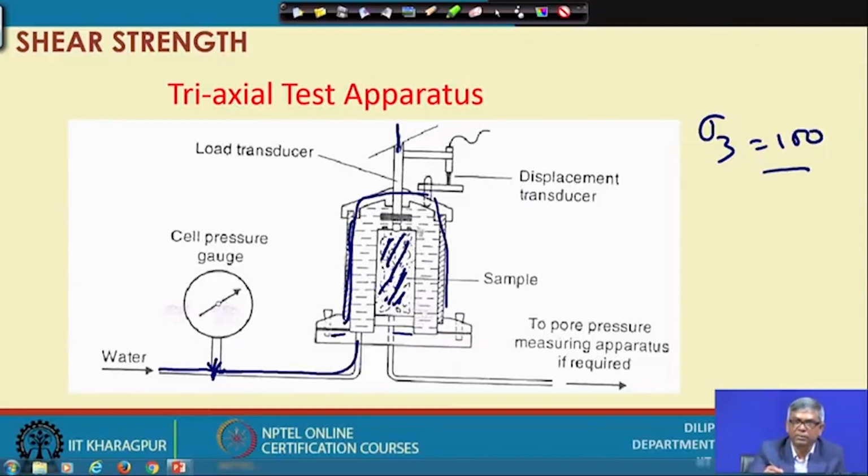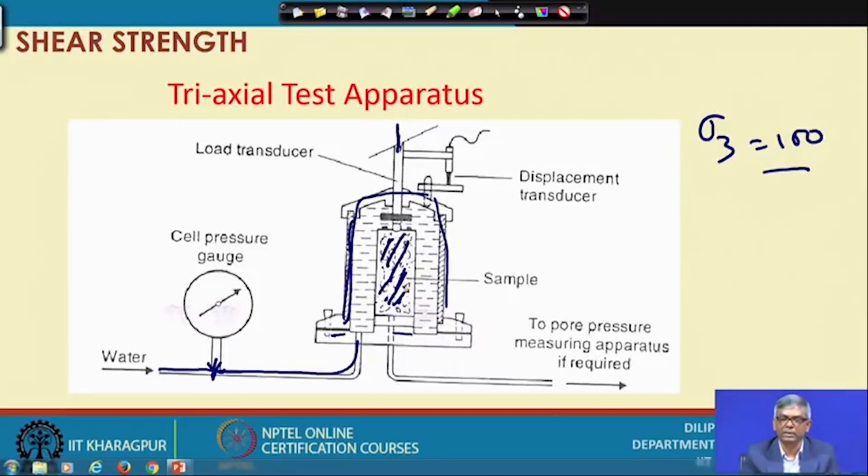This is a very simple description, because I am applying confining pressure, and immediately after confining pressure, if the soil is saturated, then what will happen? Pore pressure will develop, and if you allow the pore pressure to dissipate, you allow the sample to consolidate, and that means whatever pressure developed inside has to be released.